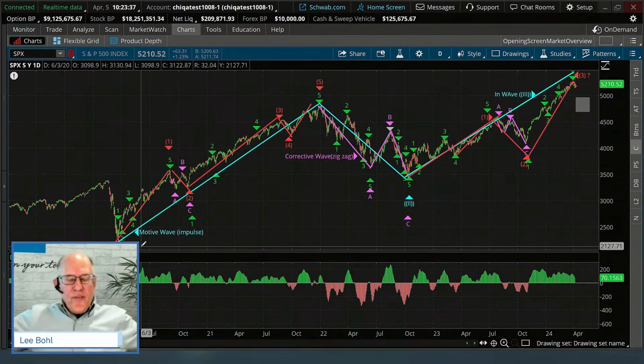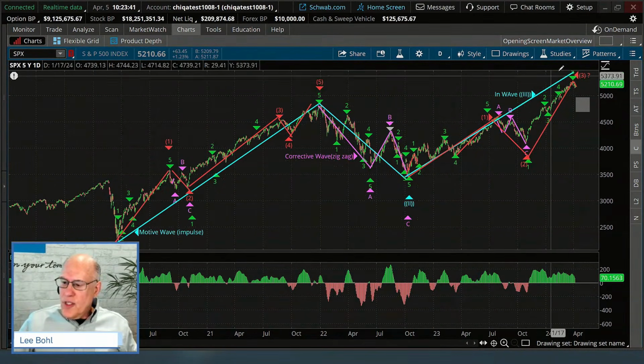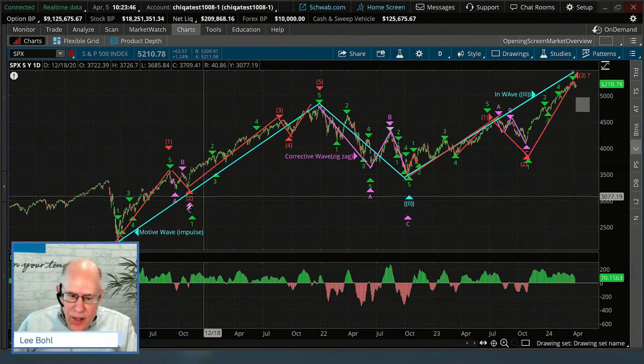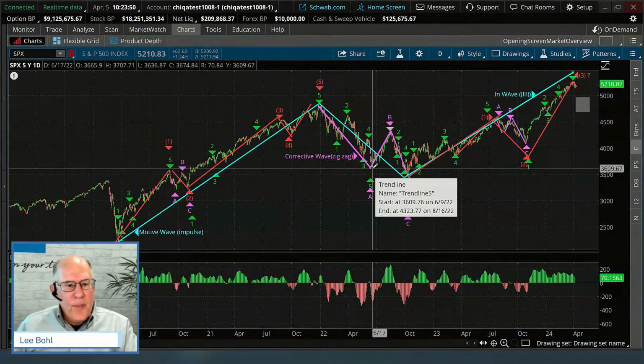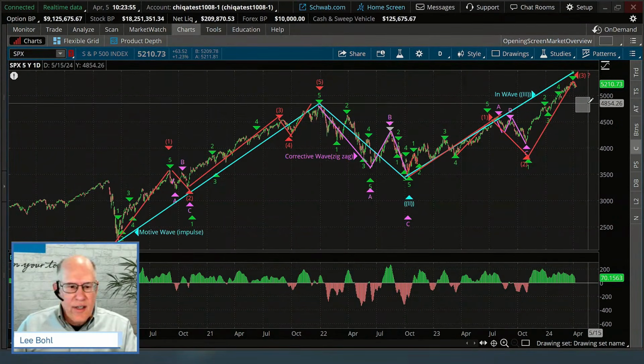Let's take a look at the wave of the largest degree. We started at the COVID bottom. Right now, we're currently in wave 3, but we're going to talk about that in a second. What I want to point out is let us see where this correction ended up, because you're going to see why I have this square here in a second.